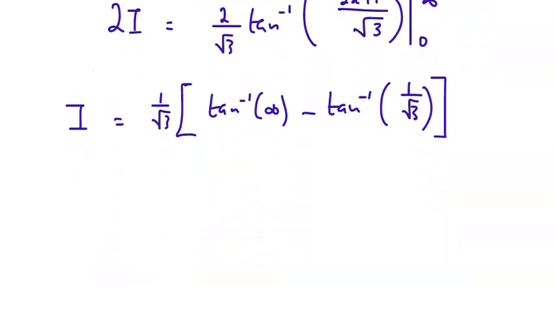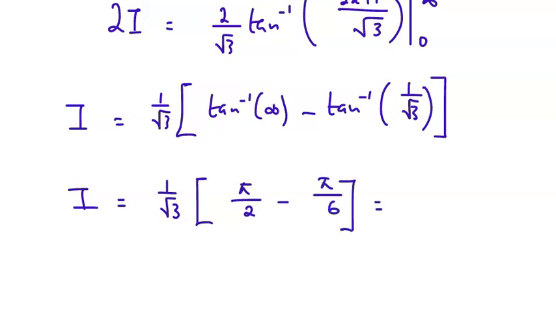Okay, so from here now, we have I is equal to 1 over square root of 3. So here, inverse tangent of infinity is pi all over 2, minus the inverse tangent of 1 over root 3 will give us pi all over 6. So pi over 2 we can write as 3 pi over 6, then minus pi over 6.